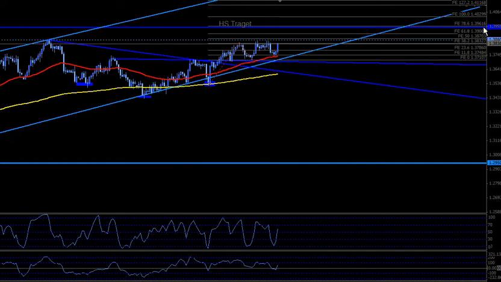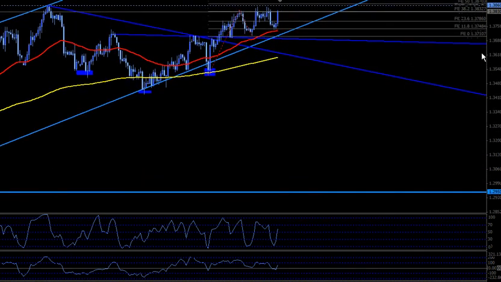The inverse head and shoulders target is 39.53. So looking longer term, those are longer term targets. And that's if price remains above this level here. If price comes down to the 61.8 or 786, those targets will change.